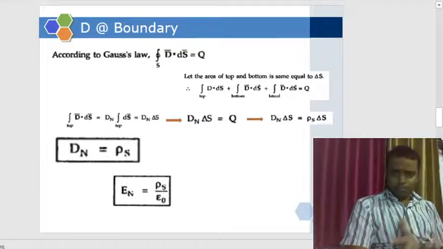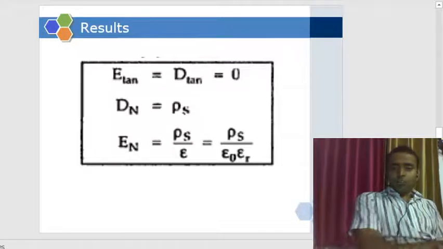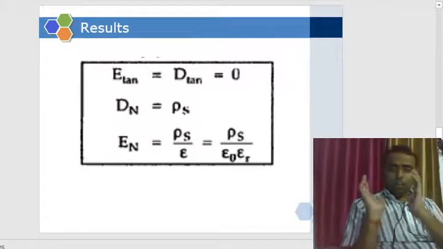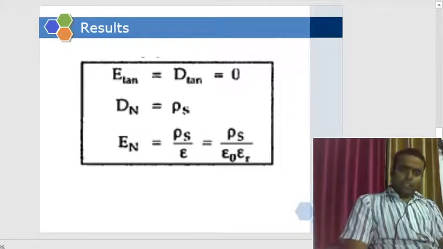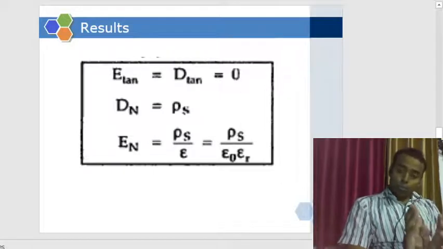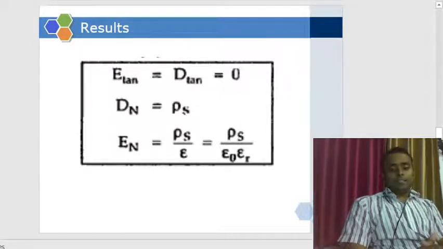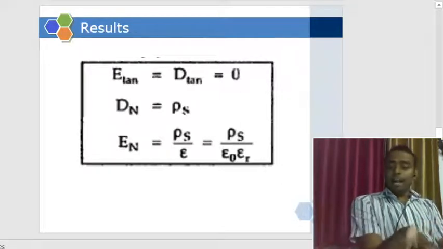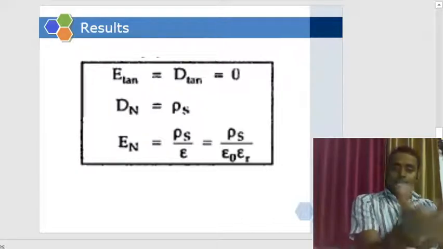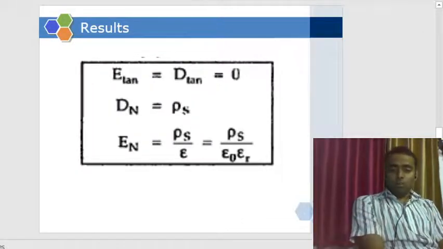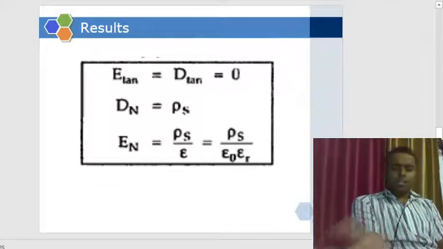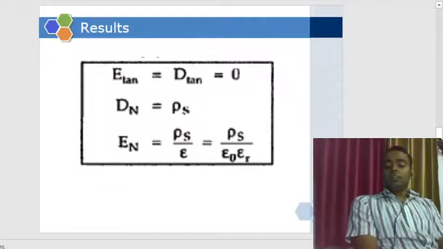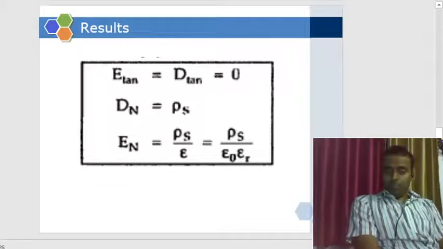Fine? Simple? Okay. So here are the results. The total electric field will be E tan plus En. E tan is 0, En is rho S by epsilon naught, for free space.